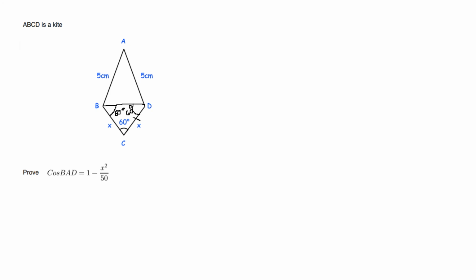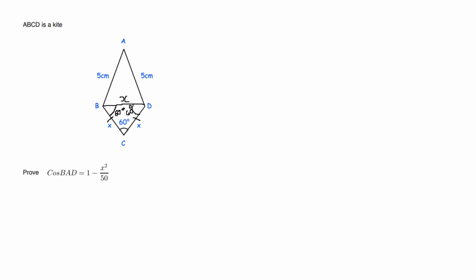Because if those two sides are both x, this isosceles triangle BCD, these two base angles have got to be equal. So this triangle is actually an equilateral triangle, which means that all of the sides will also be of equal length. So that side there has to be x.